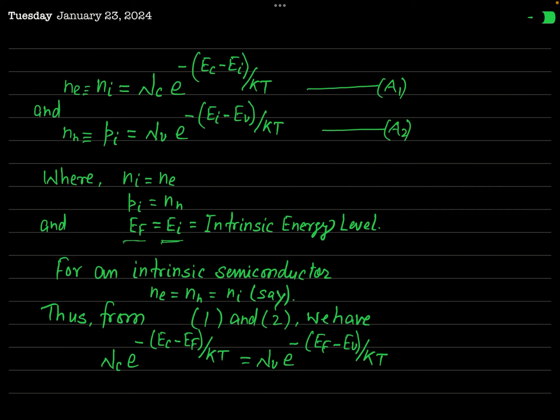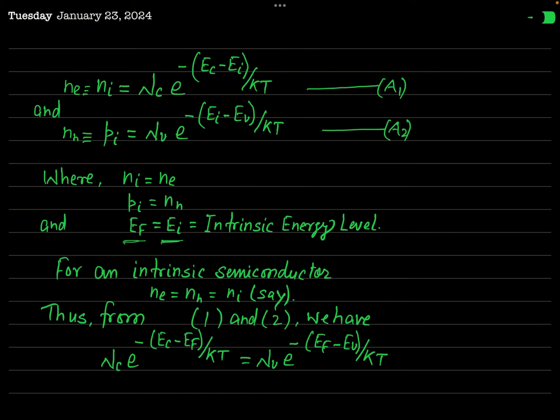Because we want to differentiate this result for the extrinsic and intrinsic semiconductor, for indicating that we are using these results only for intrinsic semiconductor, we will replace this Ef by Ei, so that our result will indicate that we are talking about the intrinsic semiconductor.